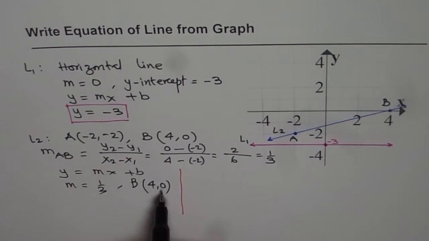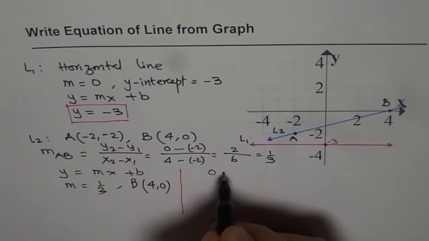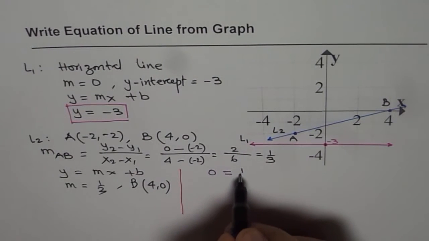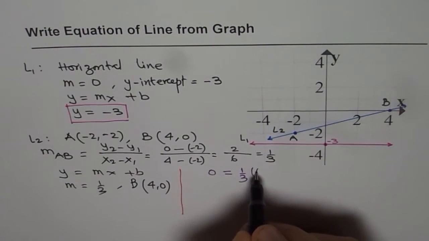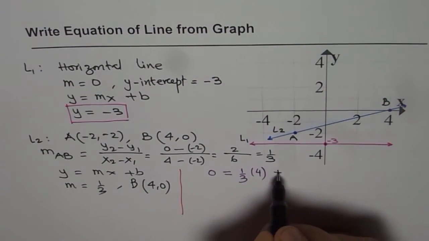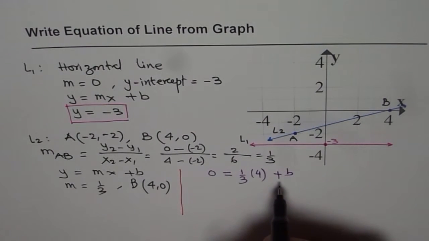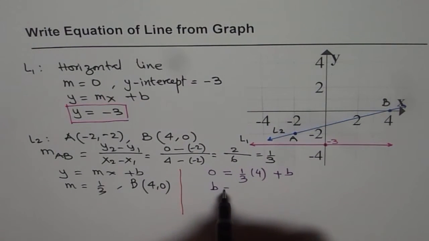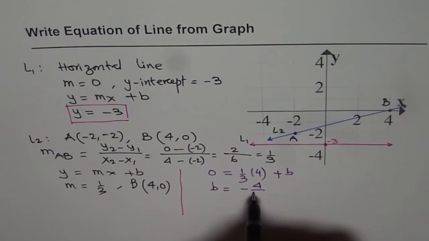Y is 0, x is 4, m is 1 over 3. So we get 0 equals slope of 1 over 3, x value of 4, plus b. So from here we get b as equal to minus 4 over 3.